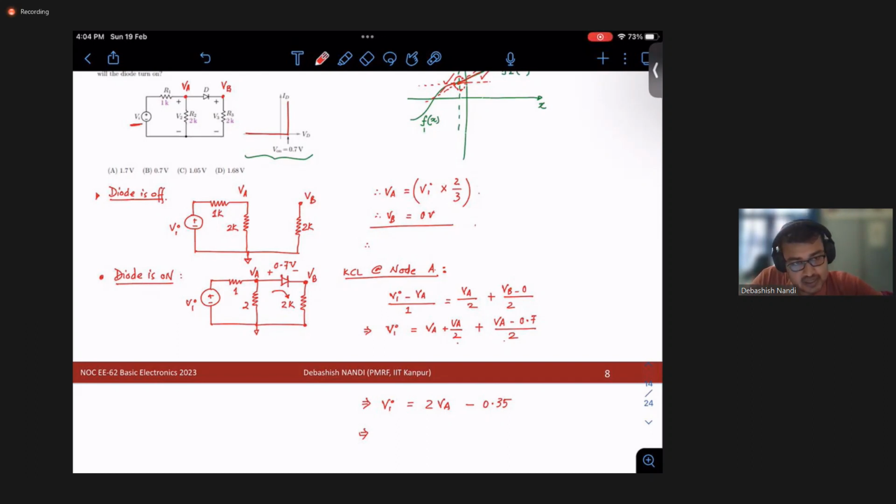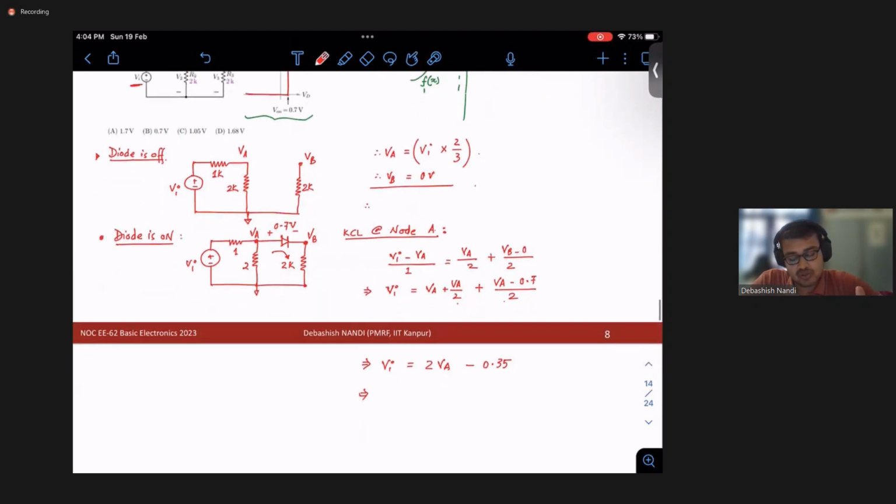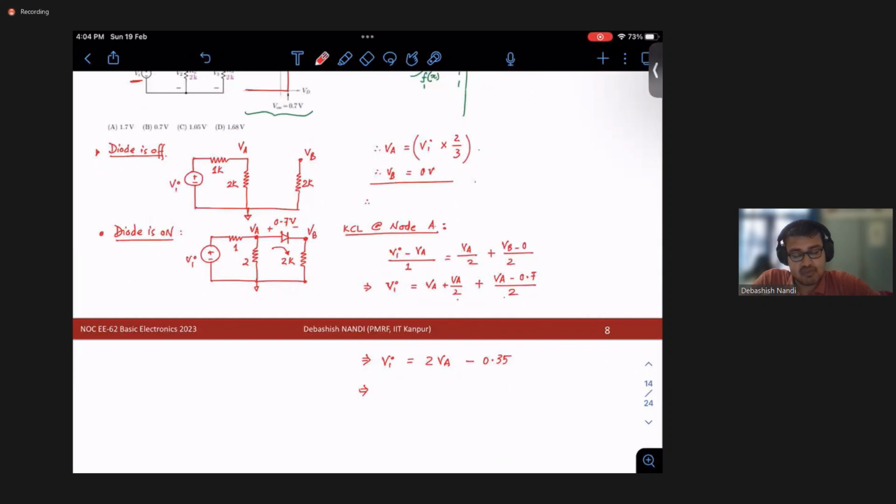Now we are analyzing what is the condition when the diode will be on. Then we need to merge them together, right? Because at the same instant when this voltage switches, my diode changes from off to on state. I got your point. So my question is, can you tell me how can I find the constraint on VI?